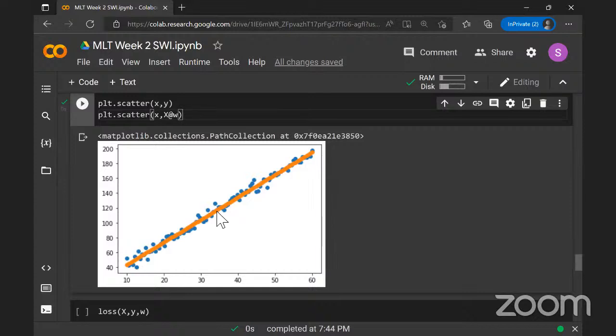That means catching the underlying pattern. The orange line goes exactly in the middle of the data points. Hence, it's a very good model. Does it make sense? Yes, sir. Okay.